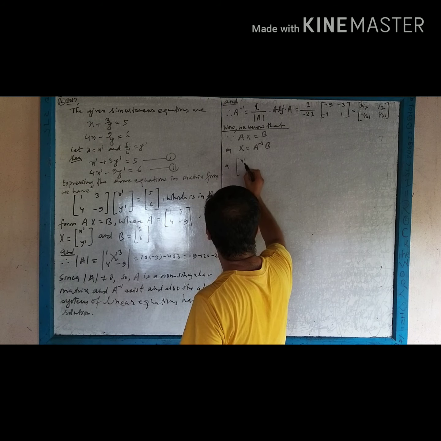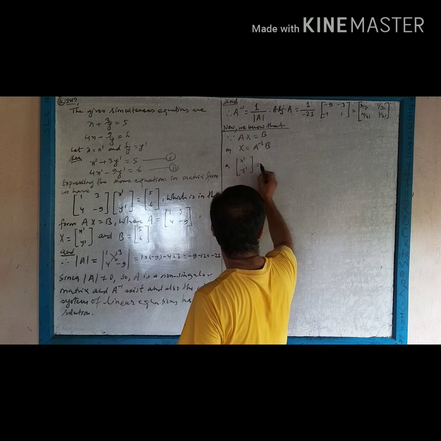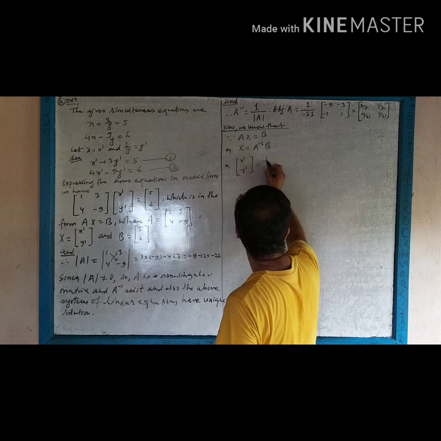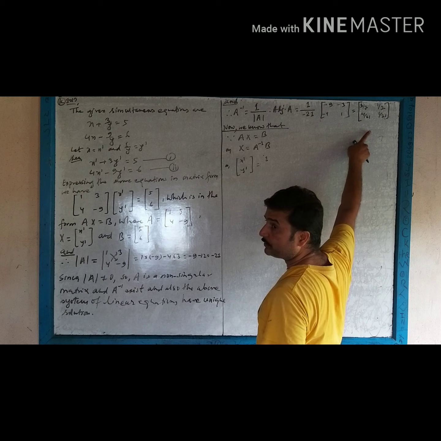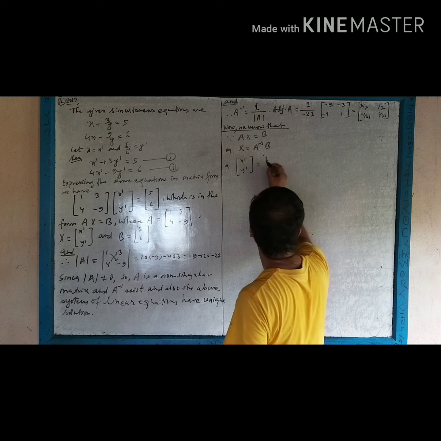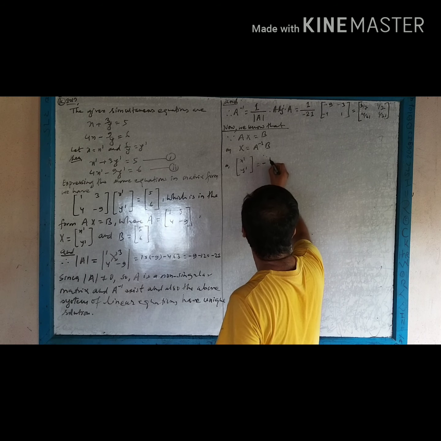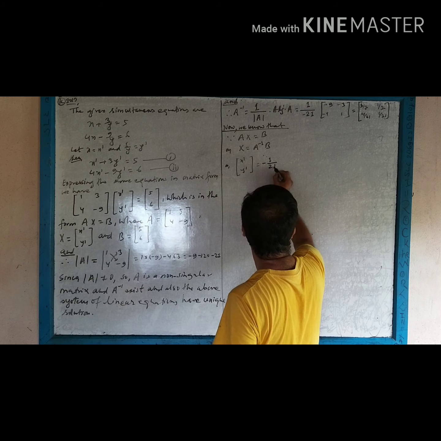X is x dash, y dash. What is A inverse? For A inverse, take this value. Don't take this one, it will be difficult. So you take this value: minus 1 by 21.